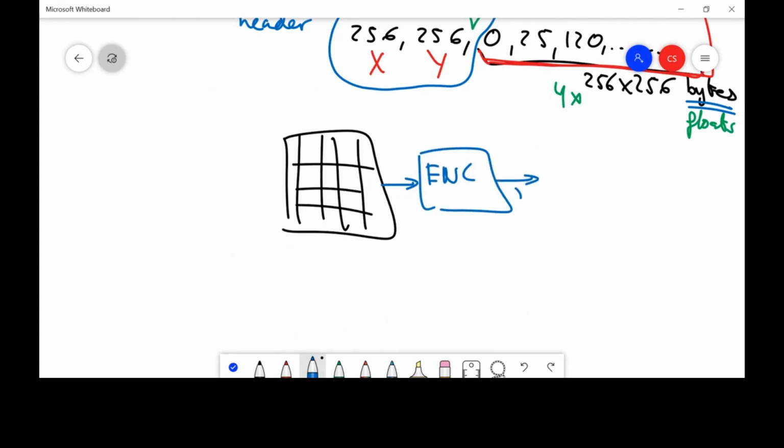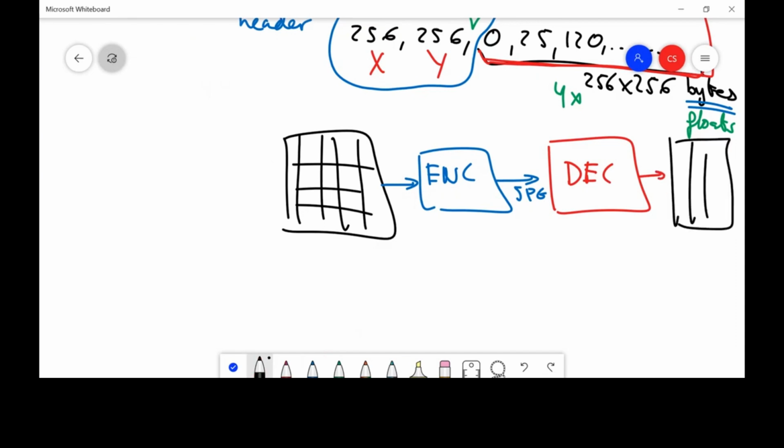The encoder produces a JPEG file, and then you have a decoder, and this decoder has to produce something that is similar to the original image.